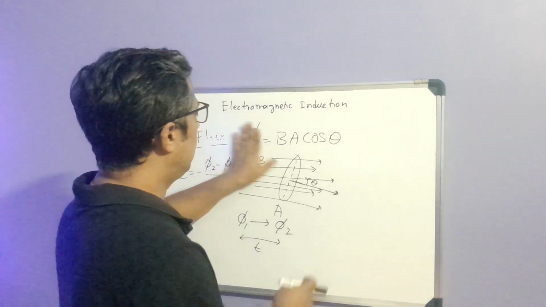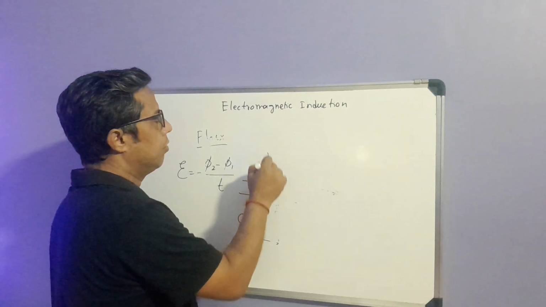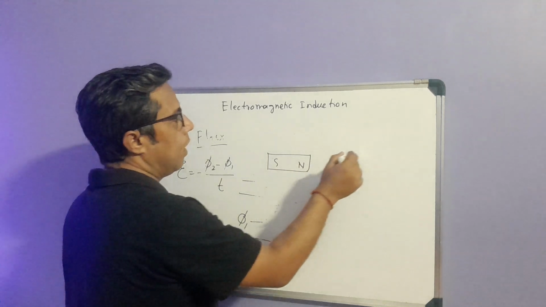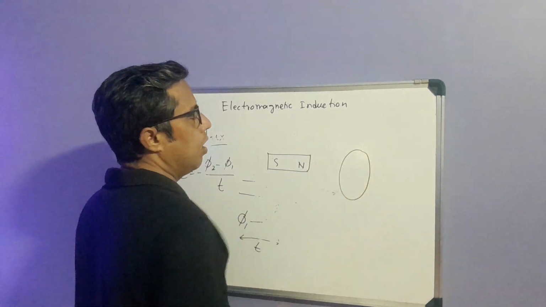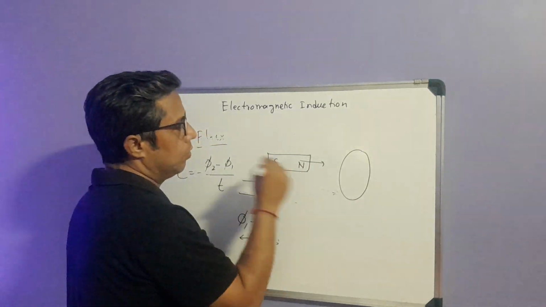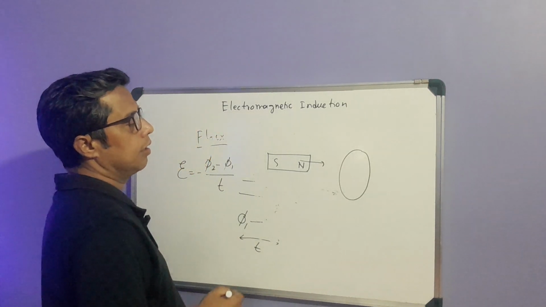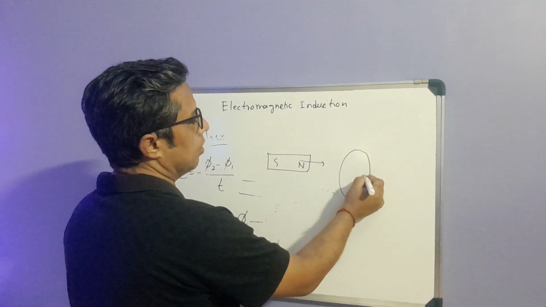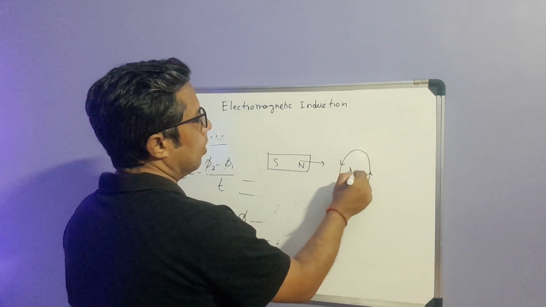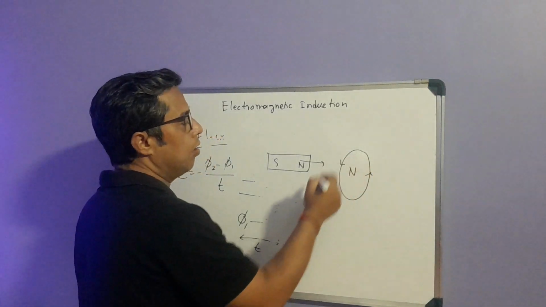Let me show you the application of that. Suppose here is a magnet bar, this is the north pole, this is the south pole, and this is the coil where current will be produced. When the north pole is approaching the coil, there will be a current, and this current will be in the anti-clockwise direction, so that a north pole is produced here.